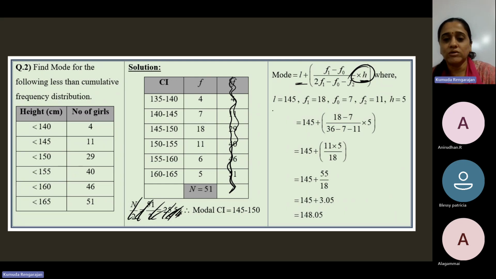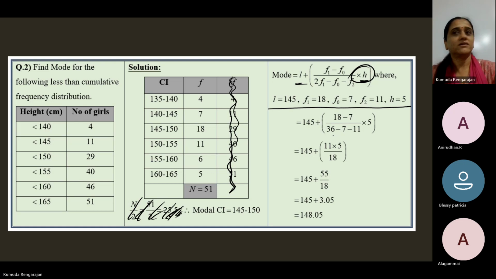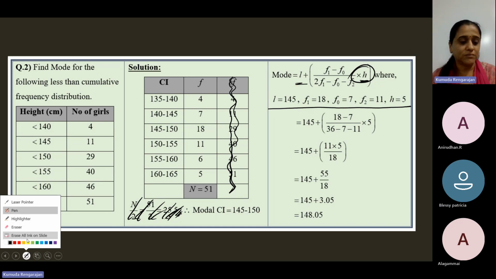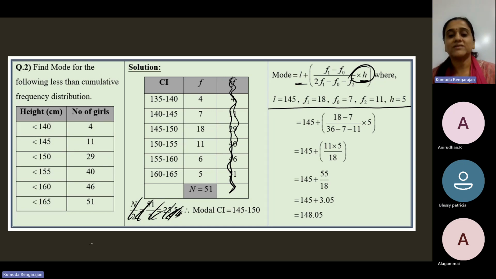Okay, how many of you got values till here correct? Till here, how many of you were right? Okay, how many of you got the final answer correct? Only Swati. Very good.